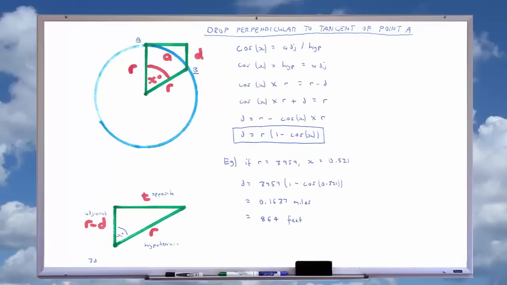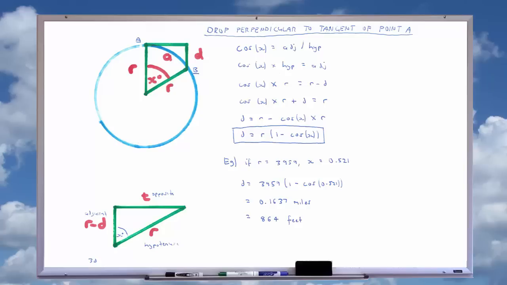Next, we will look at the distance of the drop from the tangent to the Earth at point B perpendicular to the tangent. In this case, we can imagine a triangle with hypotenuse length equals r, adjacent length equals r minus d. Using trigonometry and algebra, we can again devise a formula for calculating d. Starting equation, cosine x equals the adjacent over the hypotenuse.